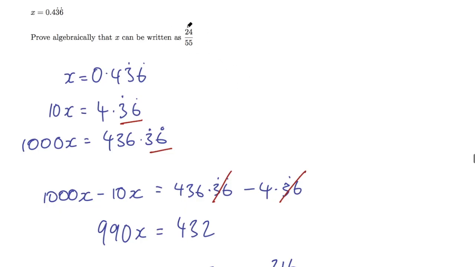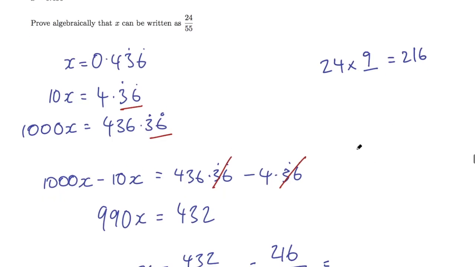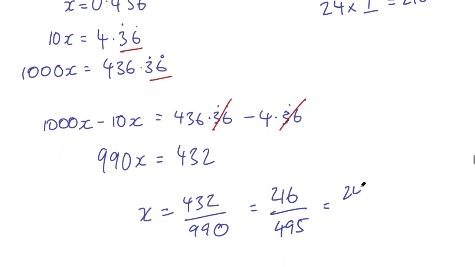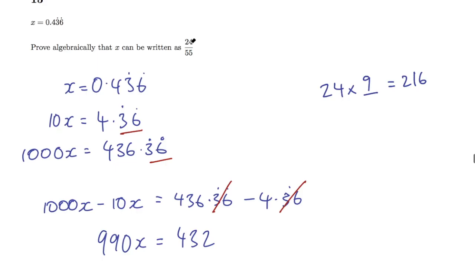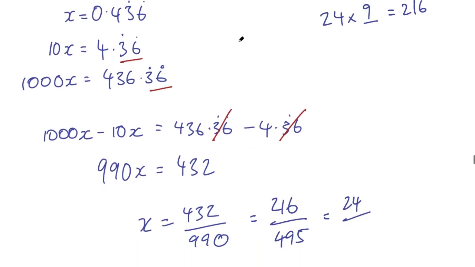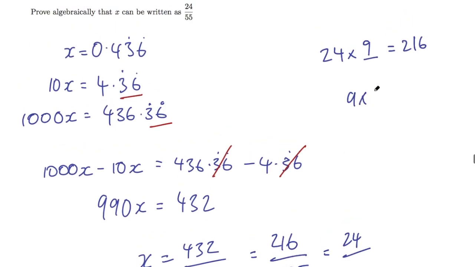look at the answer that you need to get to, and is there a number we can multiply 24 by to get to 216? And if we pick 9, 9 times 24 is actually 216. So what that actually does is check that 9 times 55 is also 495.